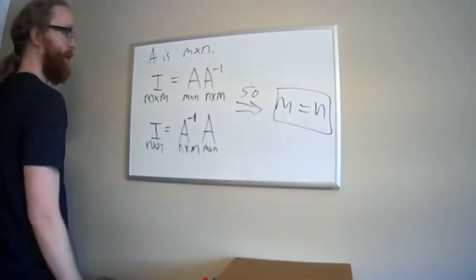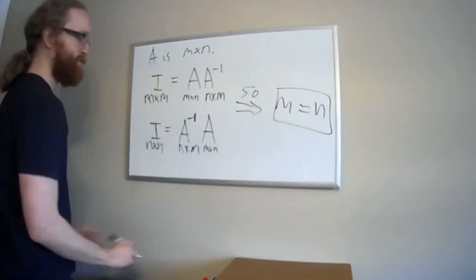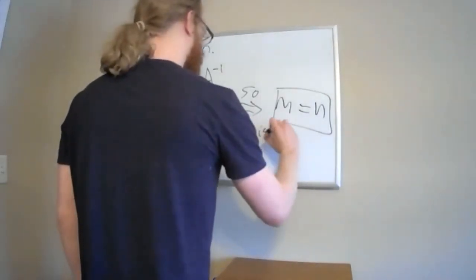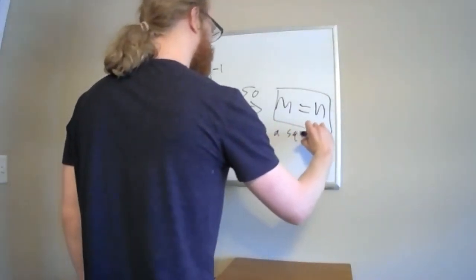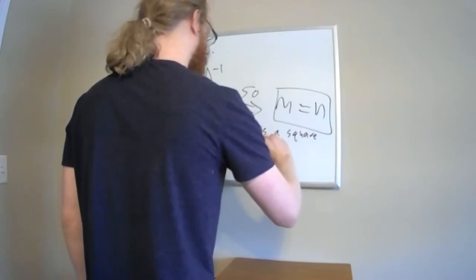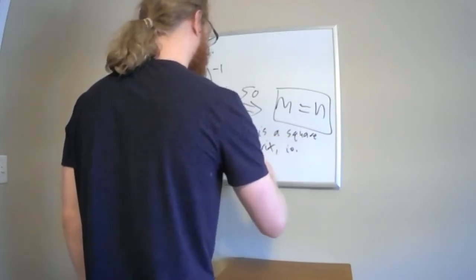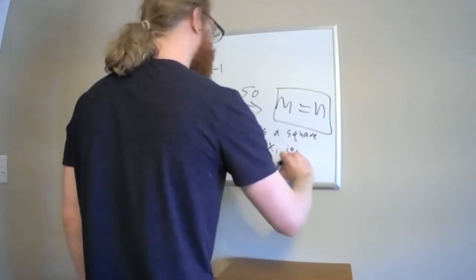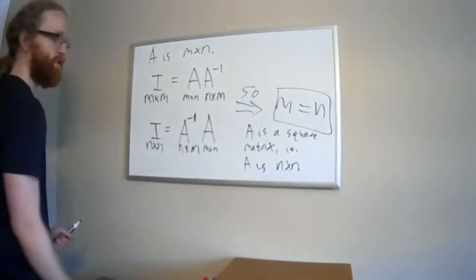And so A can't just be any matrix. A has to be a square matrix. Which just means that A is n by n. It has the same number of rows as it does columns.